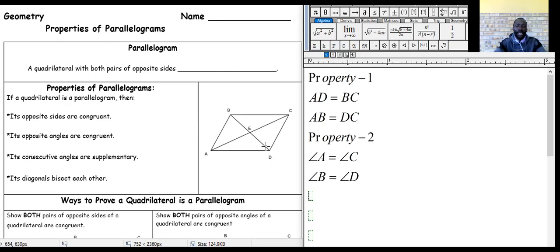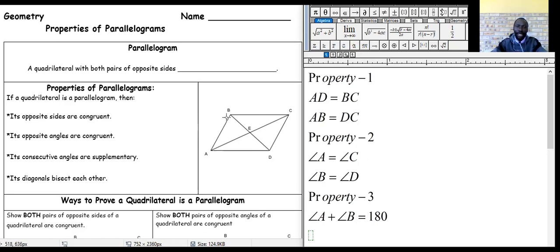We now move on to the other property. We want to find a mathematical representation of the third property. What is it? Consecutive angles are supplementary. What this means in a mathematical way is that angle A and angle B add up to 180 degrees. Also angle B, because we don't skip an angle.